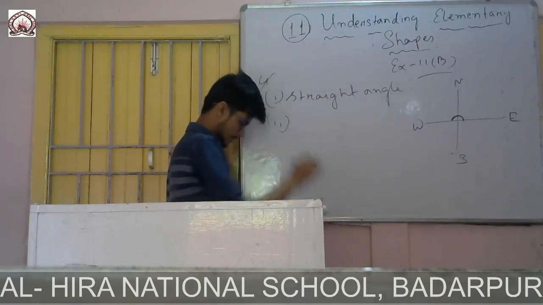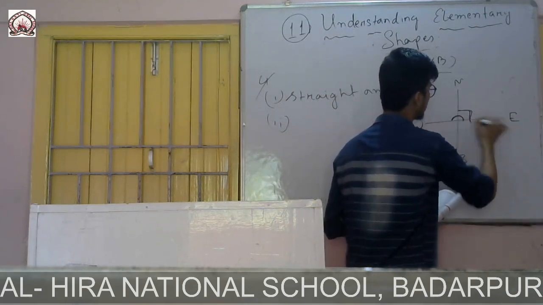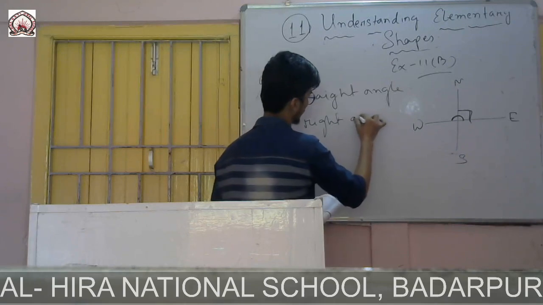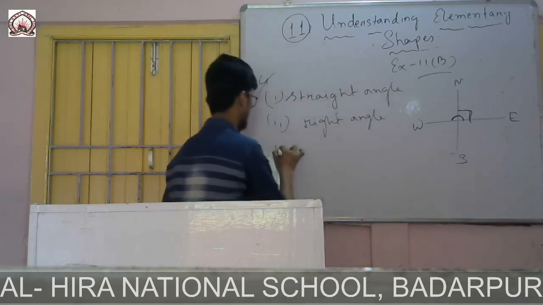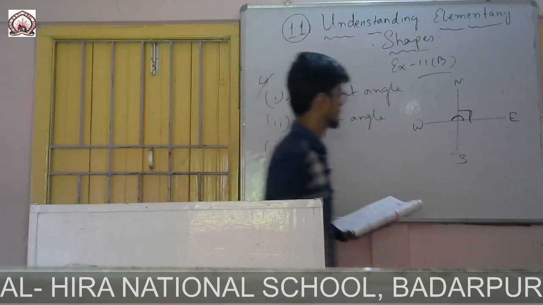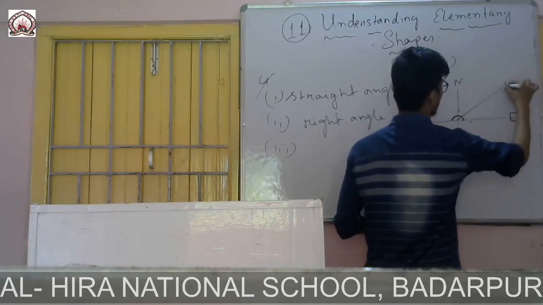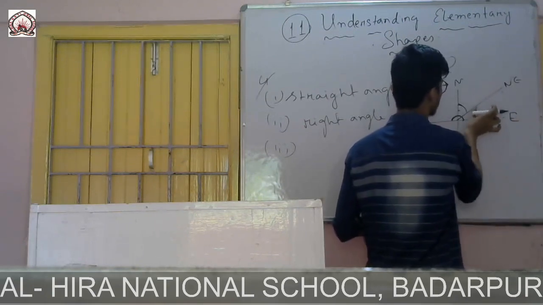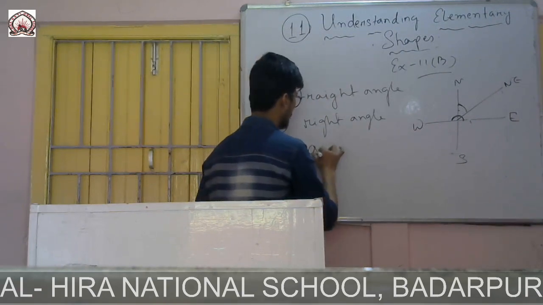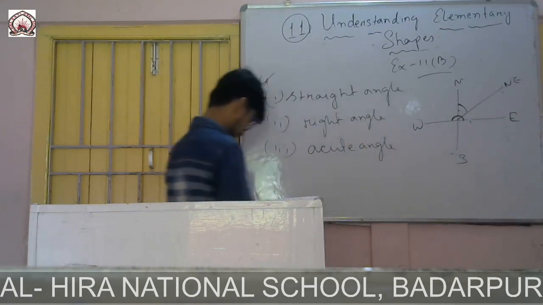Roman number 2, it is east and north. This one is 90 degrees, that means right angle. Then Roman number 3, north and northeast. Between north and northeast, it is less than 90 degrees, which is an acute angle.